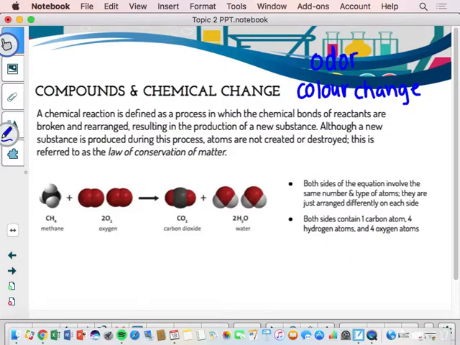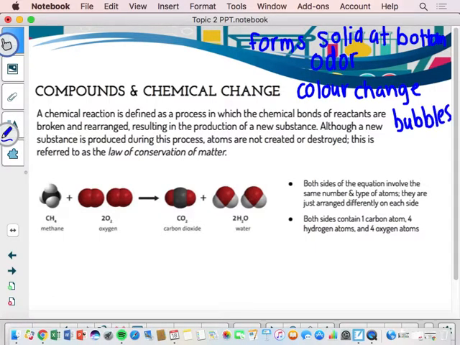So when it forms a precipitate, it's really just a solid at the bottom. Bubbles. Yep. And the last one, talking about temperature. Do you remember that one? So temperature change. So those are the 5 things that, with our senses at least, we can detect that a chemical change has happened.